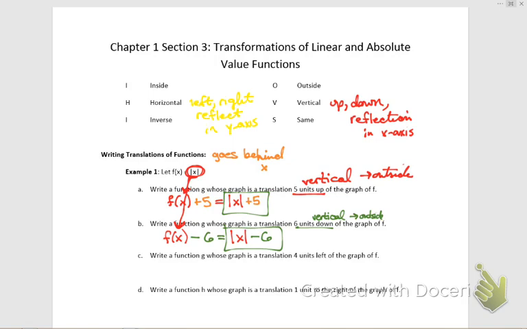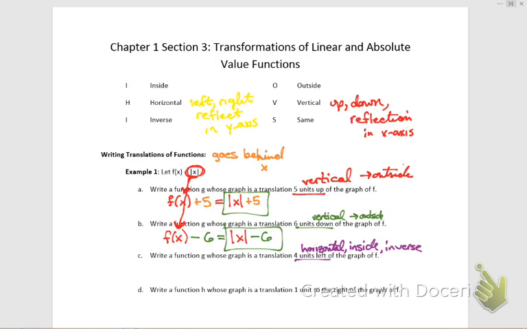Now, when we move something left or right, that's horizontal. Okay, so if it's left, it's horizontal, which means inside, and it gets a special I, inverse. Inverse is essentially opposite, but we want to say inverse instead.